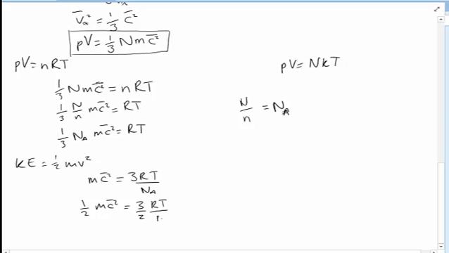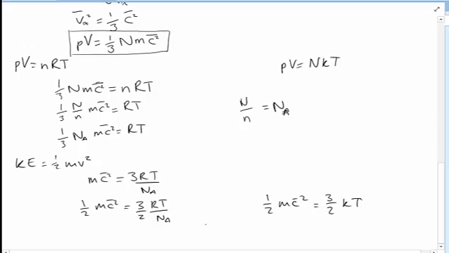RT over N_A. If you had gone the other route and you'd done the PV equals NkT, you would have come to half m c squared bar equals 3 over 2 kT.